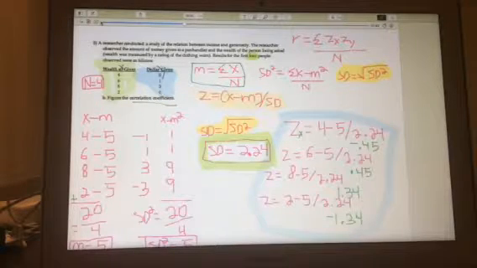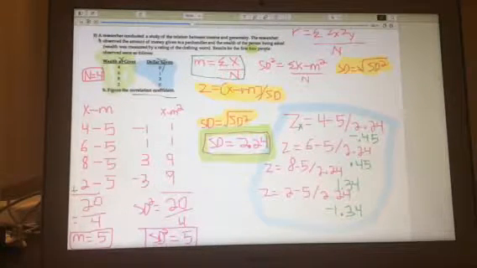To change our raw scores, the x, into z-scores, we have our x, our m, and our standard deviation, which we just got. This is the formula we're using to switch all of our raw scores to z-scores.